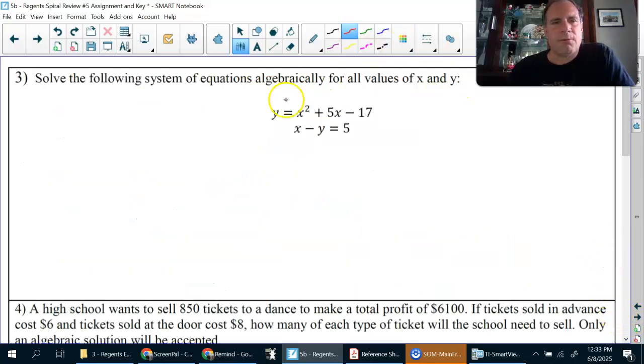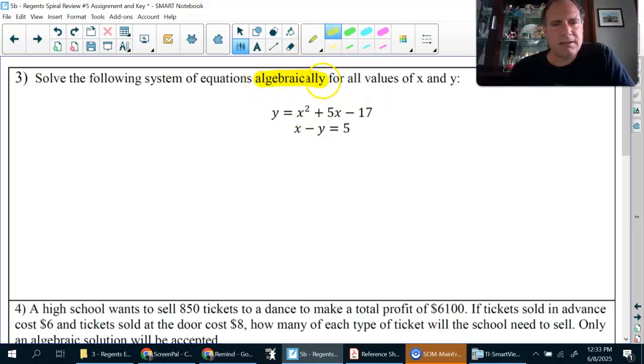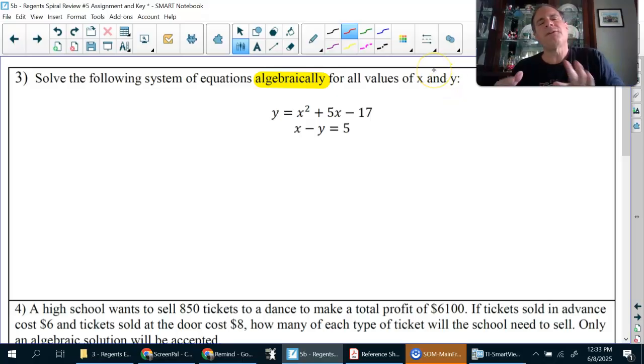So it says solve the equations algebraically, for all values of x and y. The first thing that I am going to do here is to get both of these equal to y, because then you can set them equal to each other. So I'm going to move this.